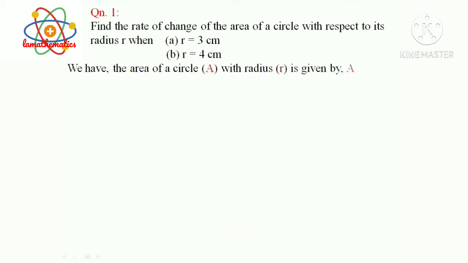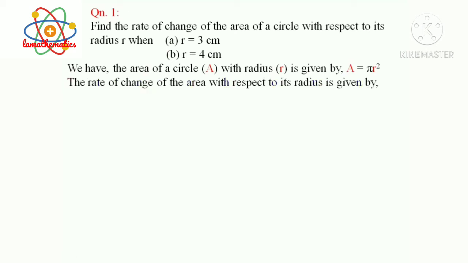We have the area of a circle capital A with radius small r is given by capital A equal to pi r square. The rate of change of the area with respect to its radius is given by d by dr of capital A equal to d by dr of pi r square equal to 2 pi r.